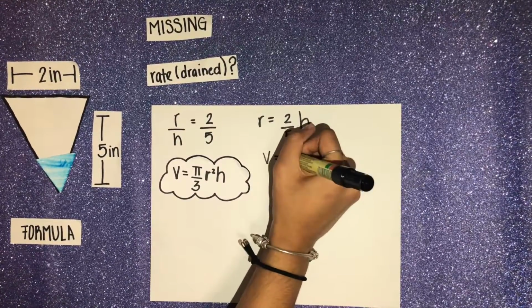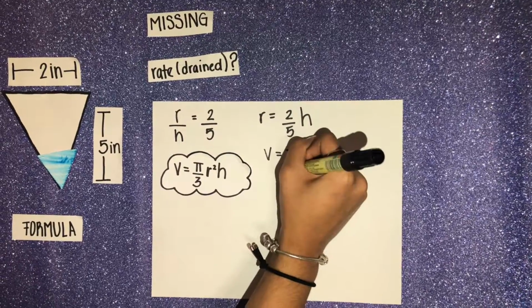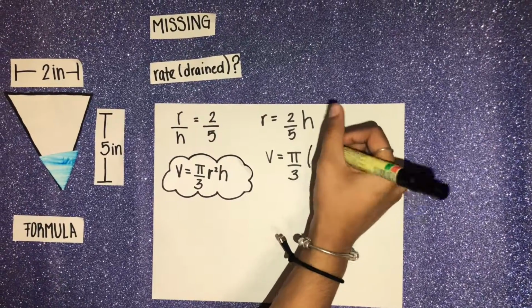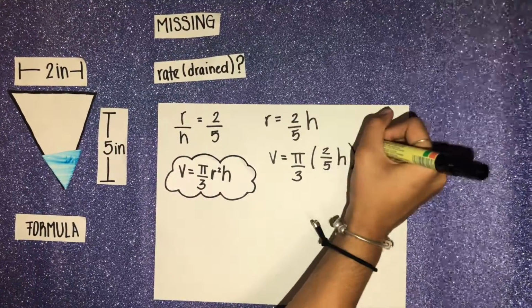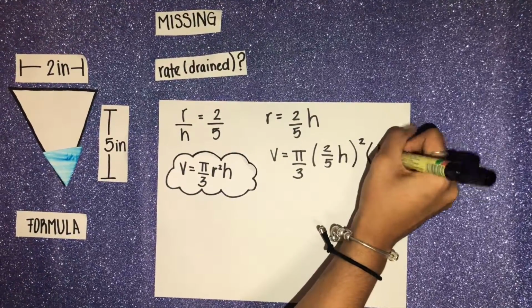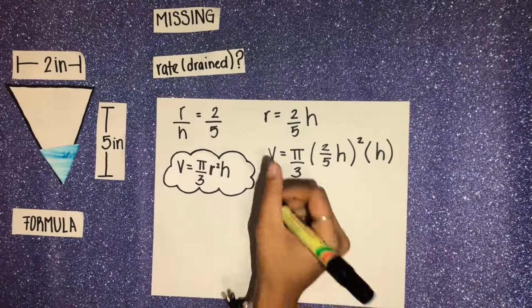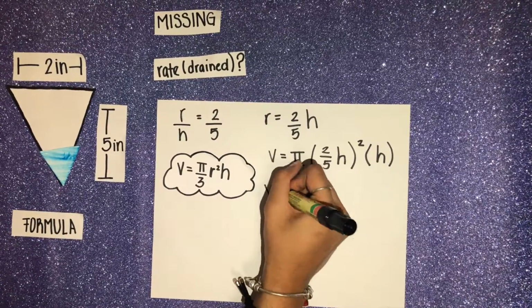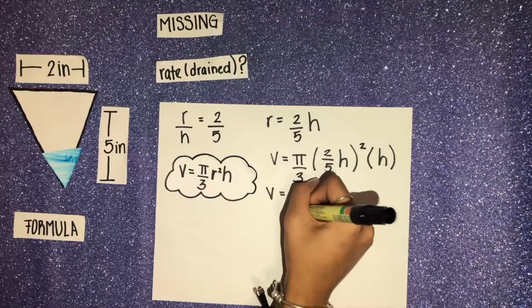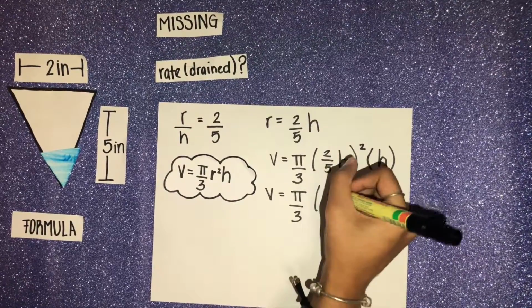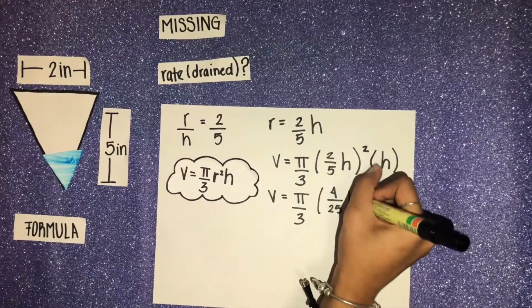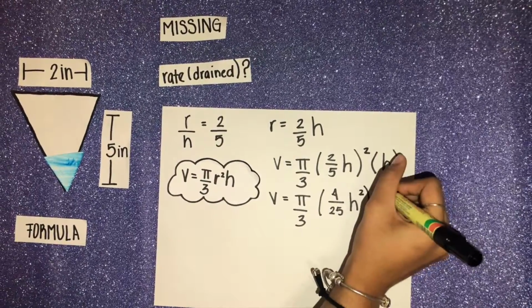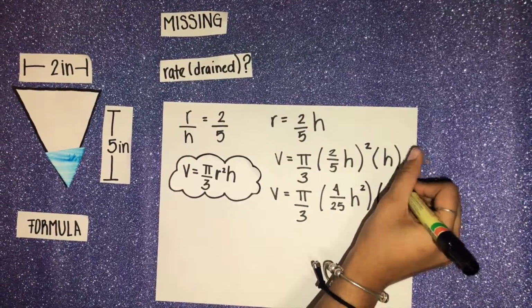Volume is equal to pi over 3 times the radius, 2 over 5 h, squared, times h. That gives us volume equal to pi over 3 times 4 over 25 h squared times h.